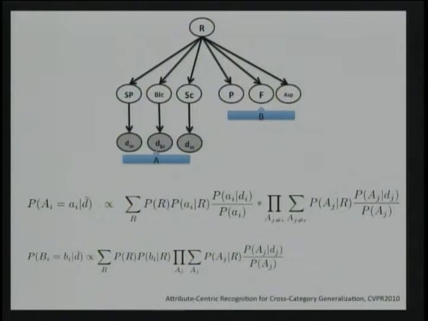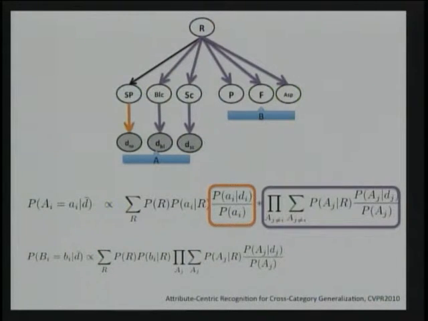I can approximate that by marginalizing over the root, which is a multinomial over these clusters that I talked about, the probability of each attribute given the root, and the probability of the detection given the attributes, which I'm going to flip. Also, I need to marginalize over all other nodes. I can do the same with category B, with the difference that I don't need to include these here, because I don't have a detector for them.